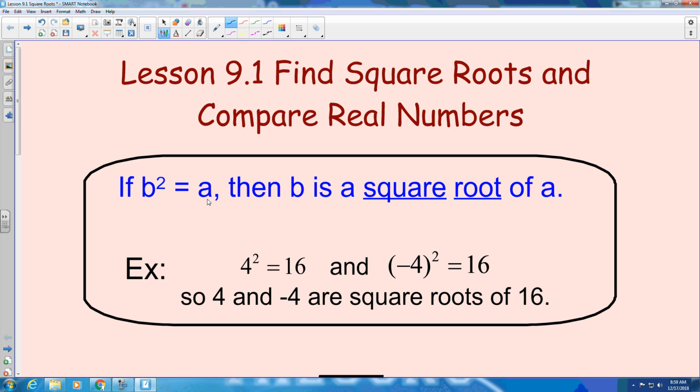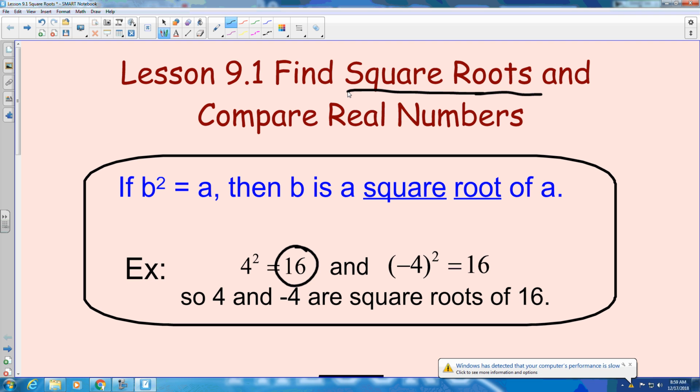Anytime you use the term square roots, you are trying to find the value that is the square of the number that is shown. So, for example, you have the number 16. 16 can also be written as 4 squared.